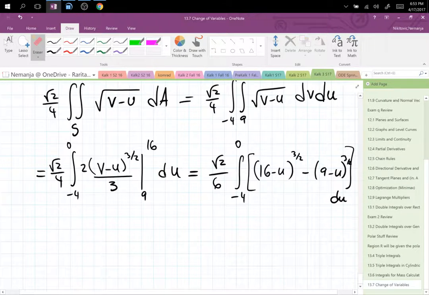So square root of 2 over 6. And now we integrate in terms of u.